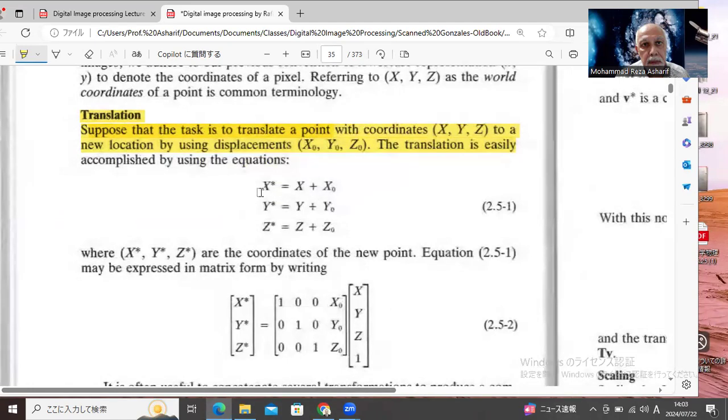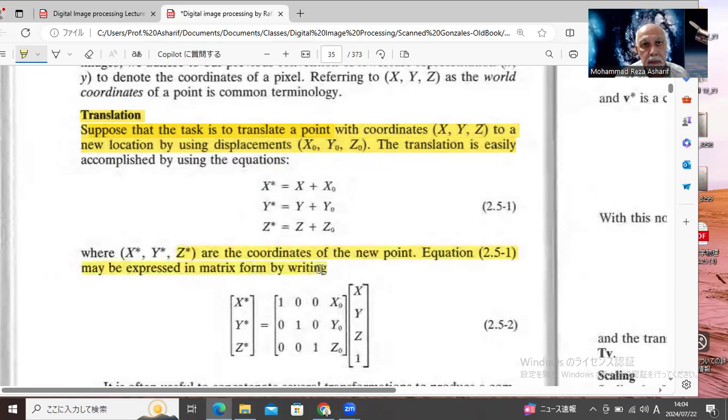Then the new coordinate will be x star, y star, and z star, with this equation: x plus x0, the previous x coordinate; y plus y0; and z plus z0. This x0, y0, z0 is the displacement to the new location, and the new coordinate is x star, y star, z star.